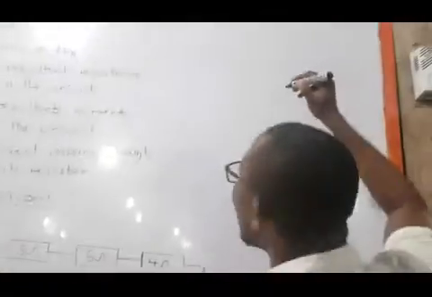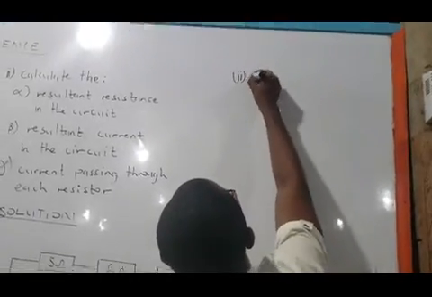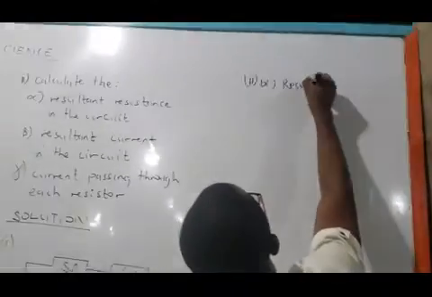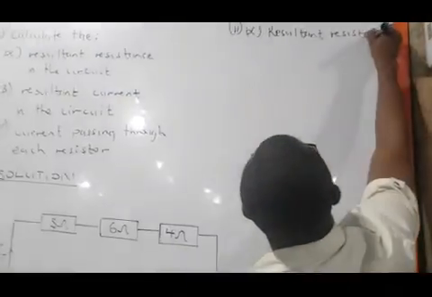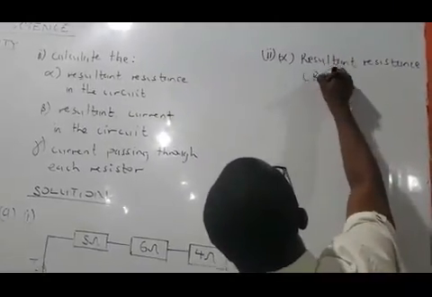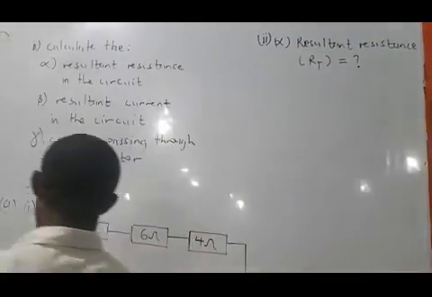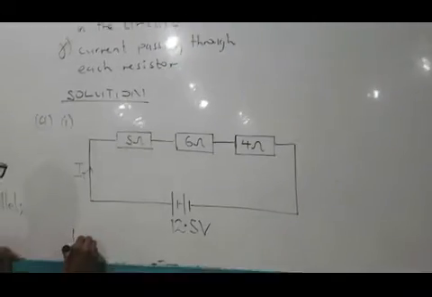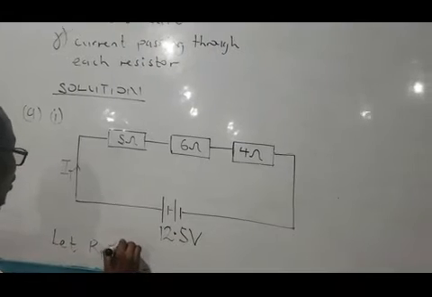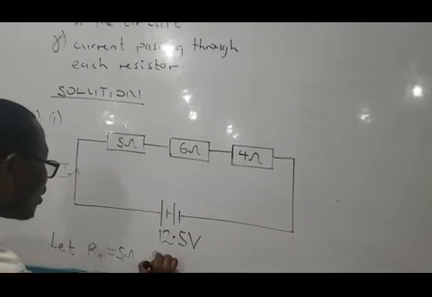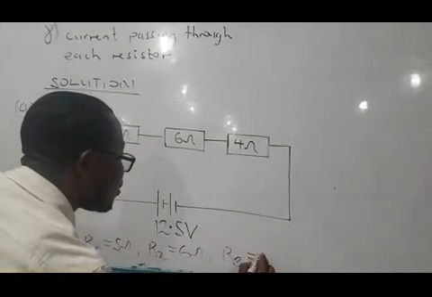So for part II, alpha, the resultant resistance, RT. R1 is equal to 5 ohms, R2 equals 6 ohms, R3 is equal to 4 ohms.